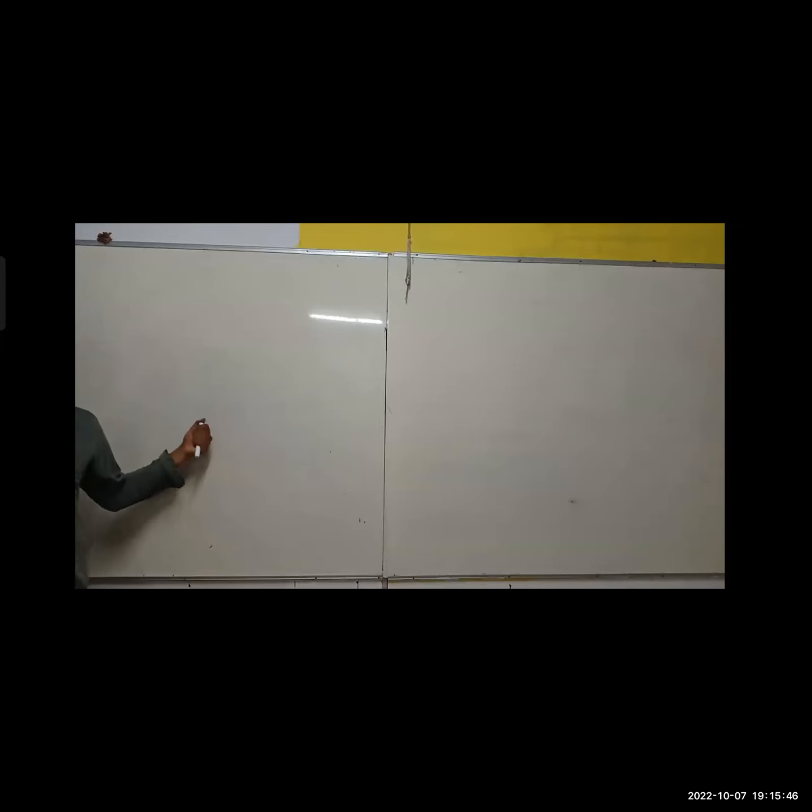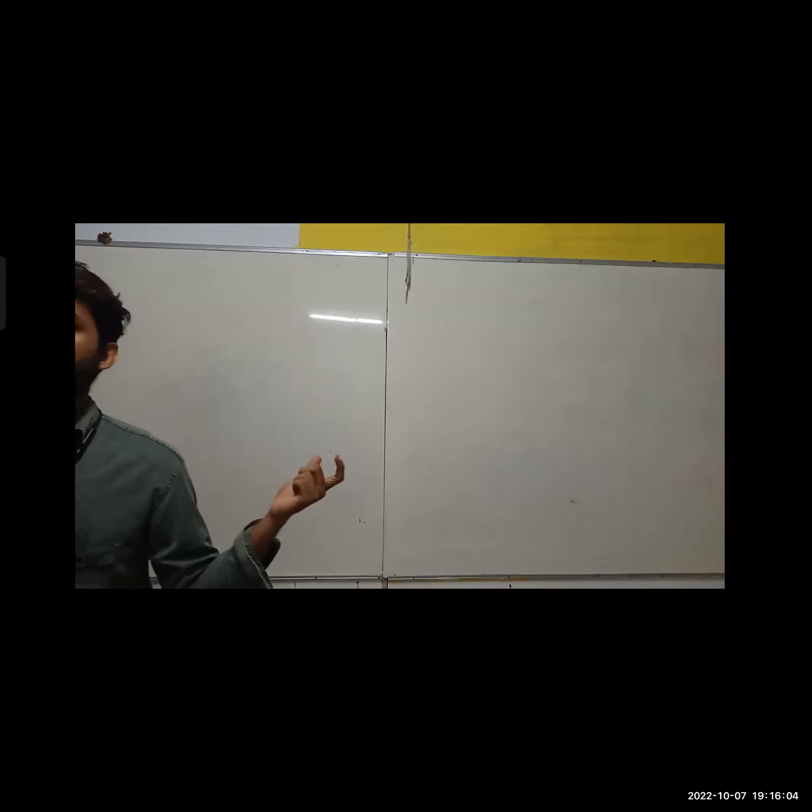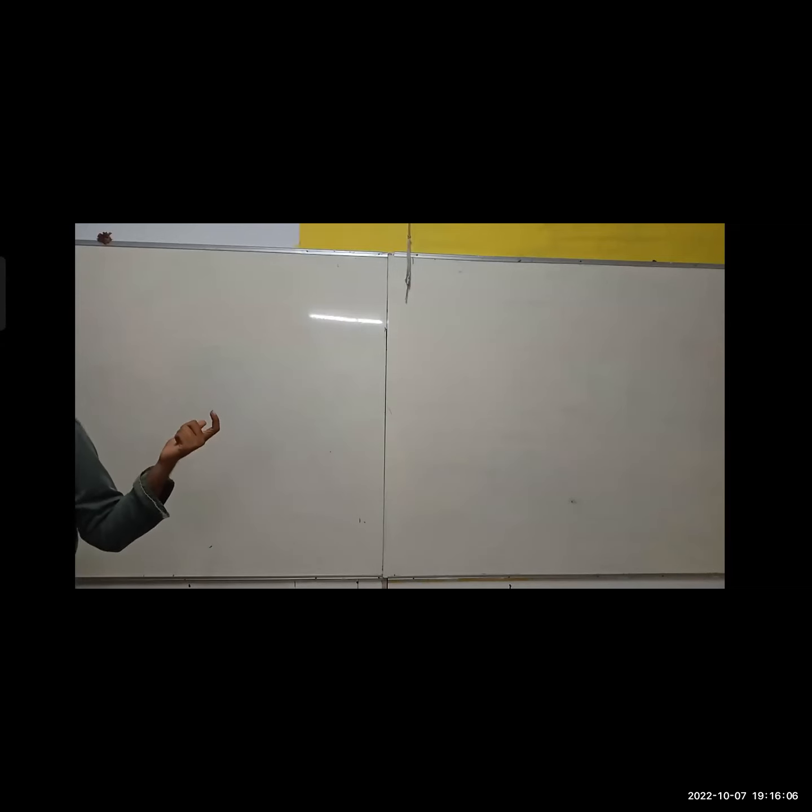In that matrix representation, what is the disadvantage? Unnecessarily, if there is no edge from A to B, then what should I fill in that place? I should fill 0. If I want to store 0, don't you think for 0 also some amount of bytes will be occupied? That is 4 bytes.